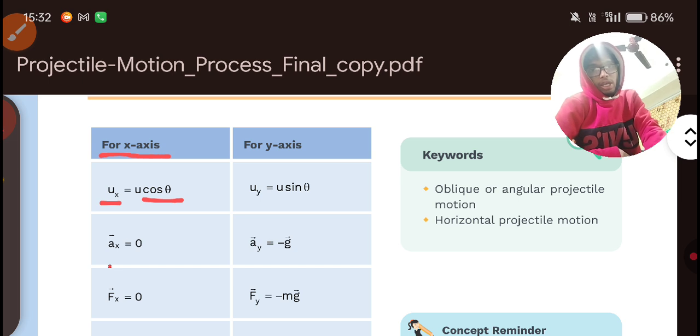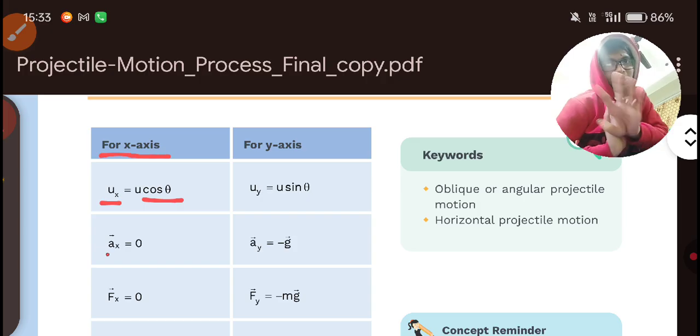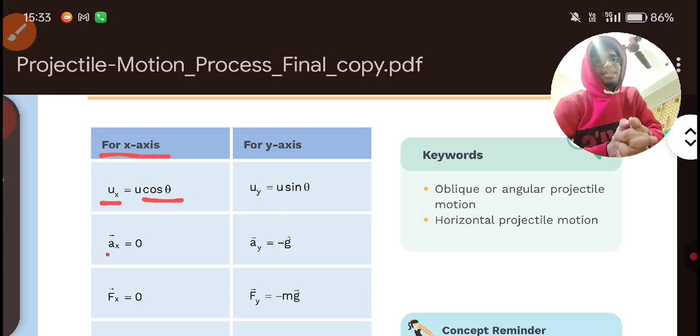And ax means the acceleration of the object along the x-axis, the horizontal axis.